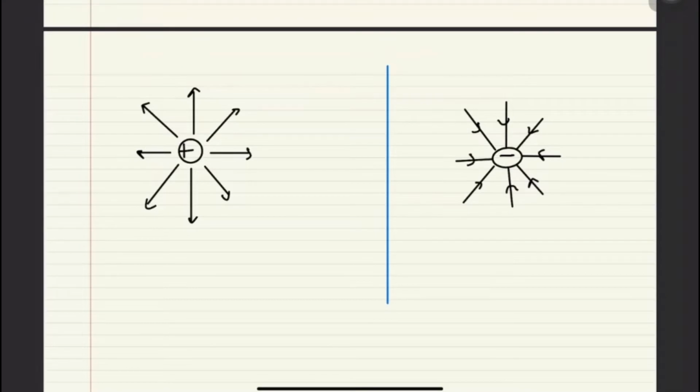Okay, we call the direction tu as radially outwards. Radial tu maksudnya secara membulat macam tu lah. Radially outward. And this one radially inward.